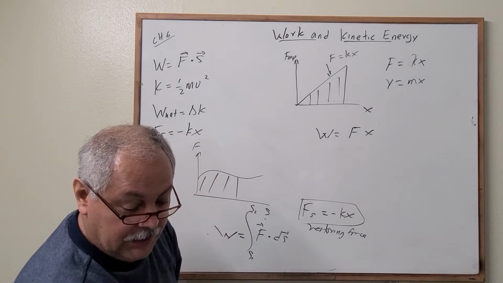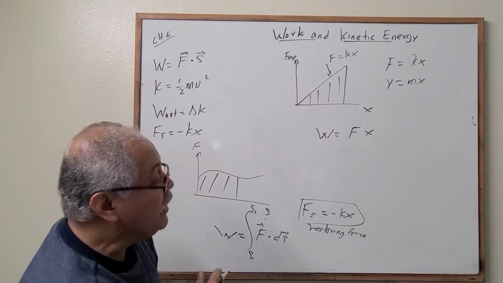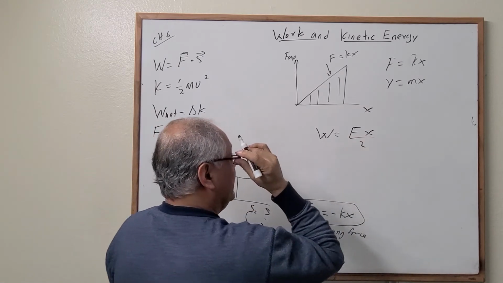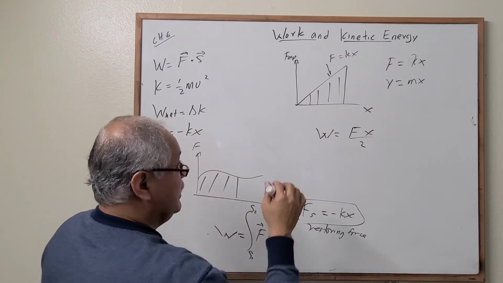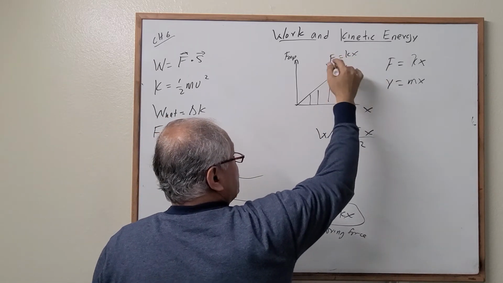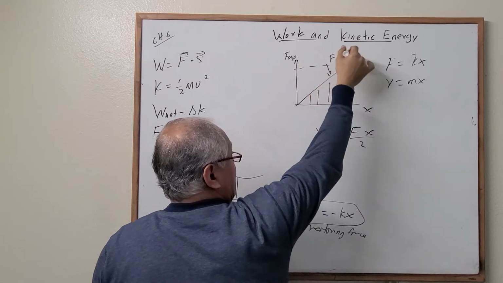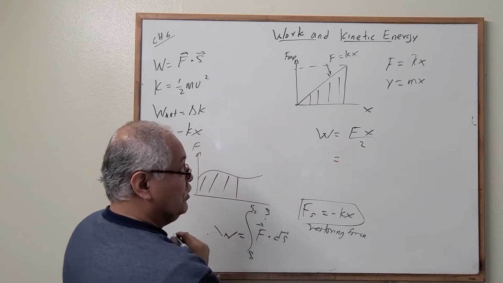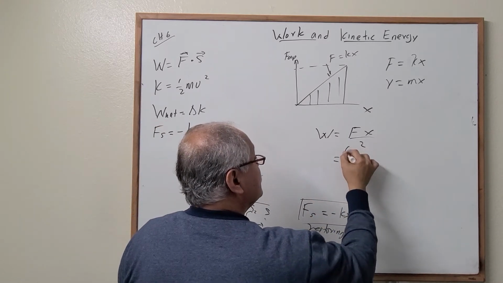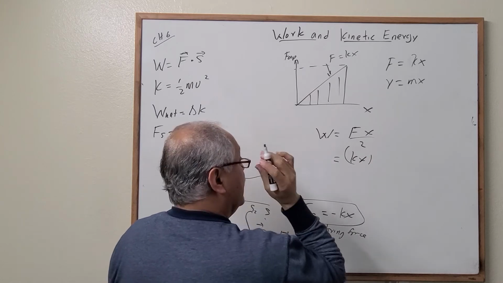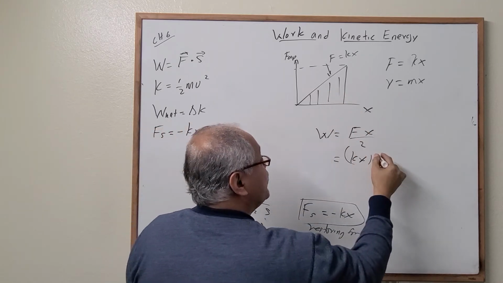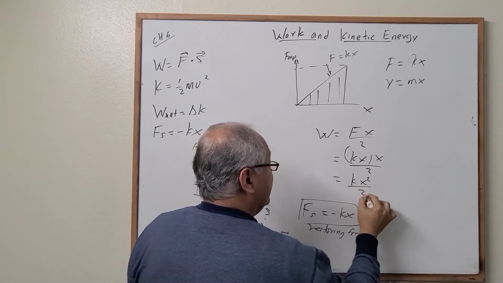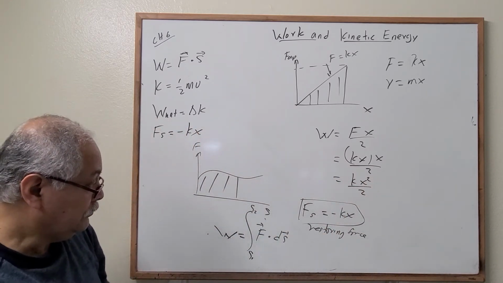We have this divided by 2, so it's equal to, again, this equation right here, and at this position we have the same quantity. So it equals kx, which is the force done by the spring, times x, divided by 2. This equals kx squared divided by 2.